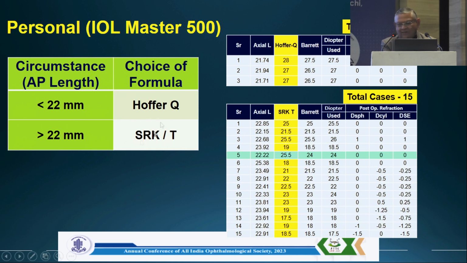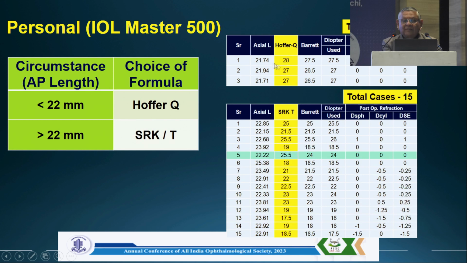Usually, since I have been using the IOL Master 500, I use only two formulas: less than 22, Hoffer Q, and more than 22, SRK II, and if necessary, we take the help of online calculators. And these are my observations.